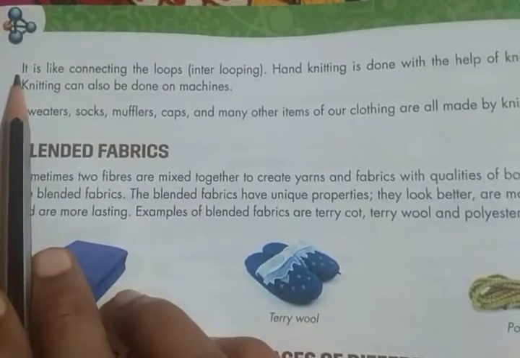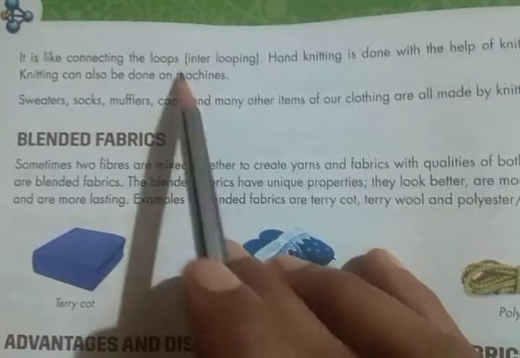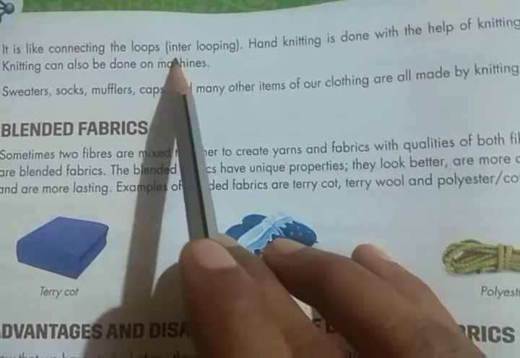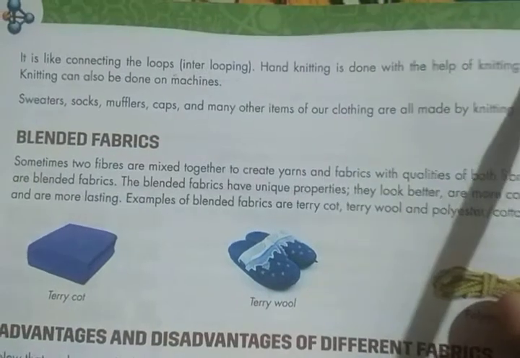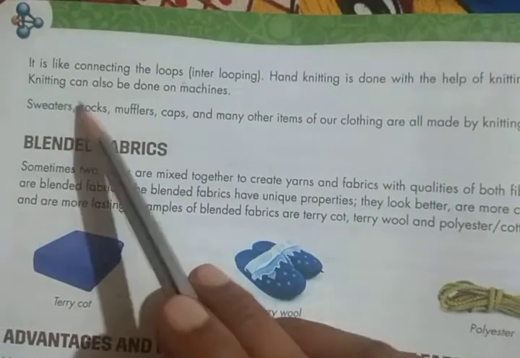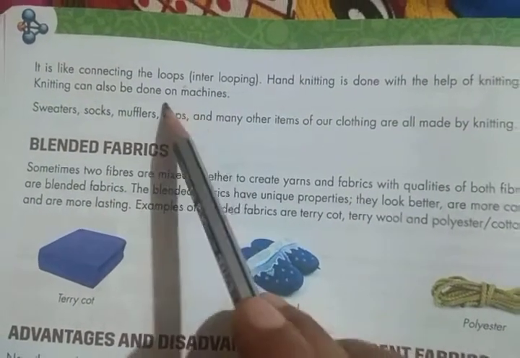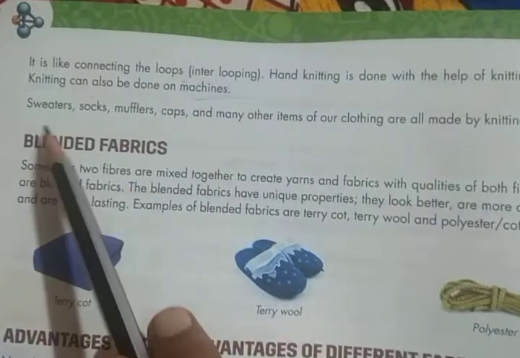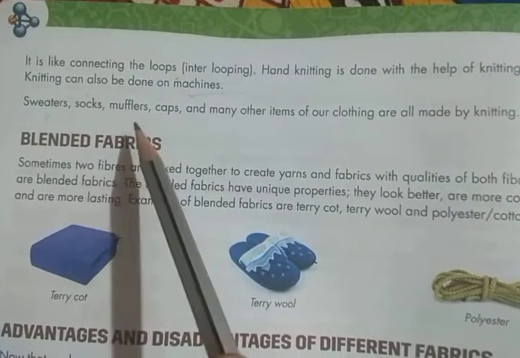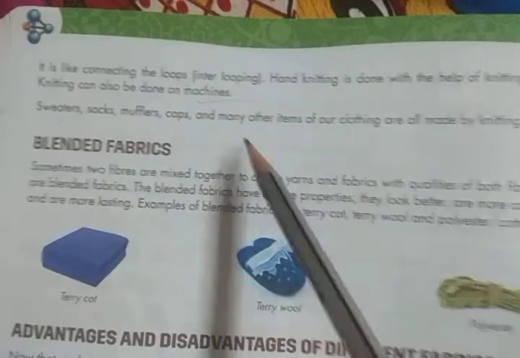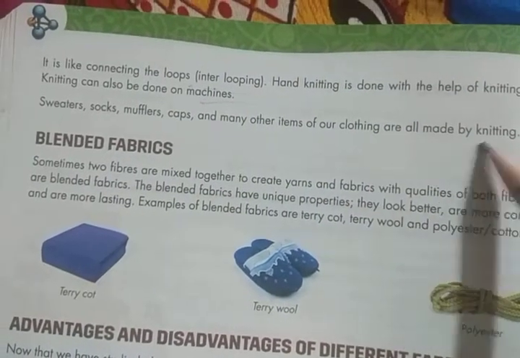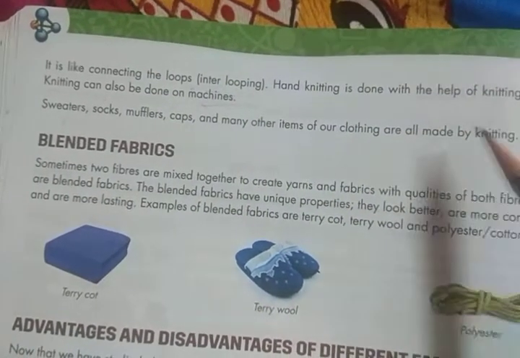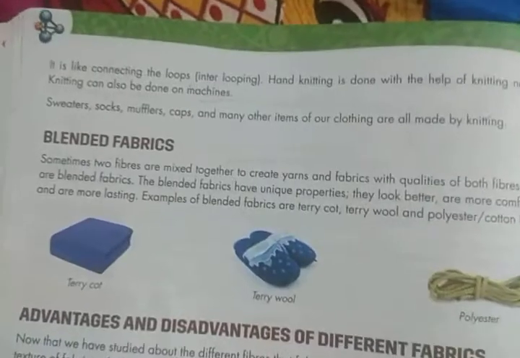We can say that it is like connecting loops, interlooping. Hand knitting is done with the help of knitting needles. Knitting can also be done on machines. Sweaters, socks, mufflers, caps, and many other items of our clothing are all made by knitting.